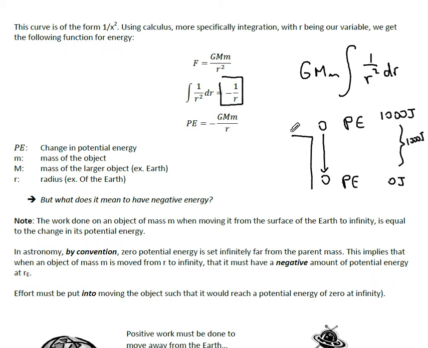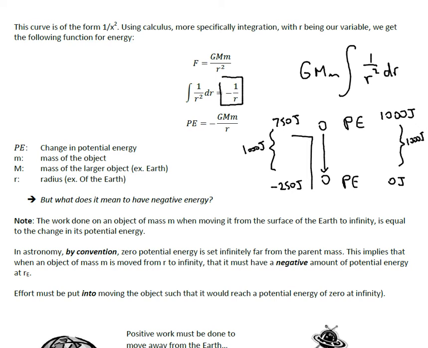But I could have said up here is 750 joules, and then down here would be negative 250 joules. The difference is still 1,000. So it doesn't really matter if it's a negative or positive value. What's important is that the potential energy at a single point is just a number, but when we compare it to a different location, that gives us what we're actually interested in: the change in energy, how much energy is required to go from point A to point B.